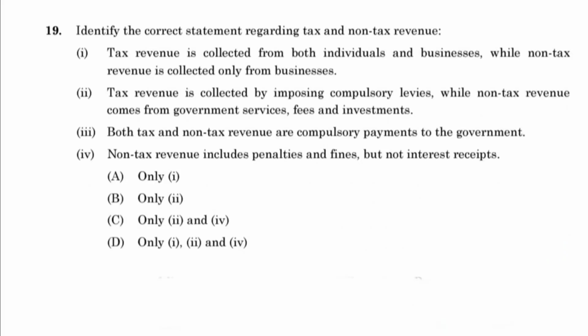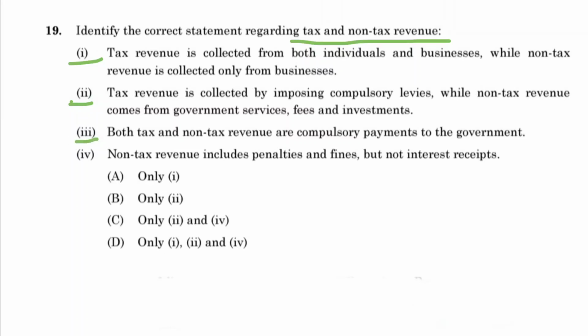19. Identify the correct statement regarding tax and non-tax revenue. 1. Tax revenue is collected from both individuals and businesses, while non-tax revenue is collected only from businesses. 2. Tax revenue is collected by imposing compulsory levies, while non-tax revenue comes from government services, fees, and investments. 3.